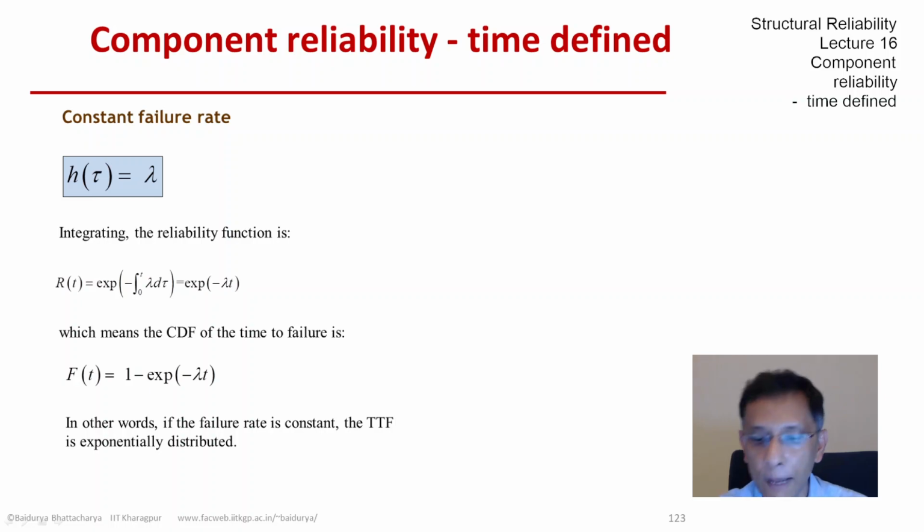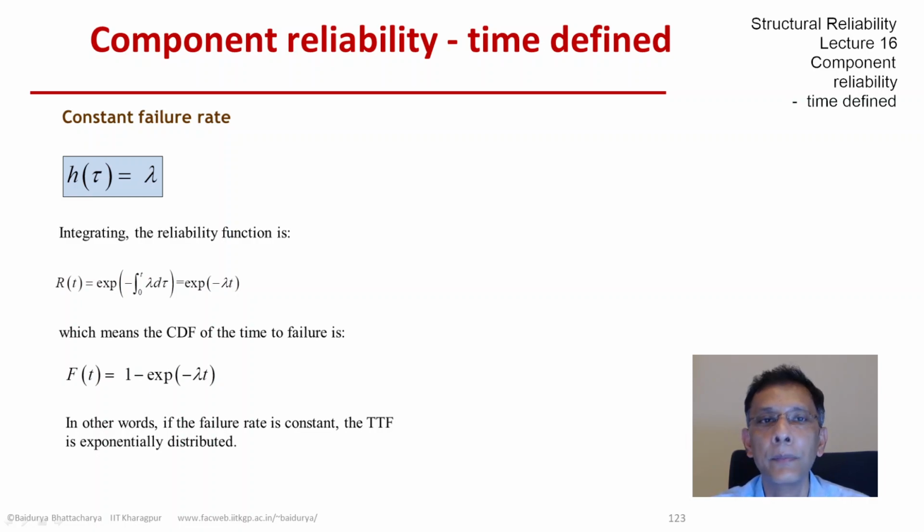And it so happens that many types of items, like electronic items, can exhibit fairly accurately a constant failure rate, and for such items it's quite common to use the exponential time to failure, and that's what we see an abundance of.